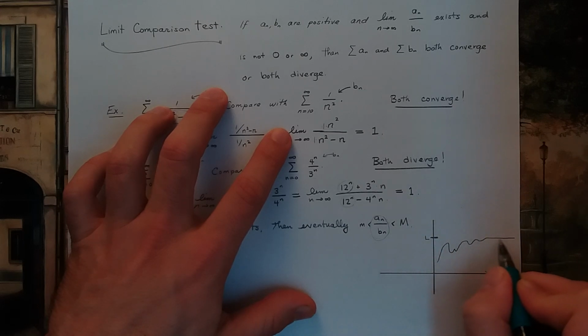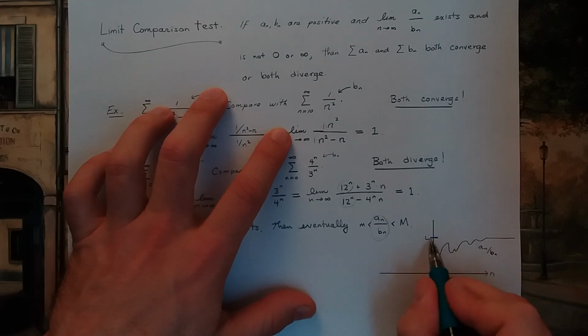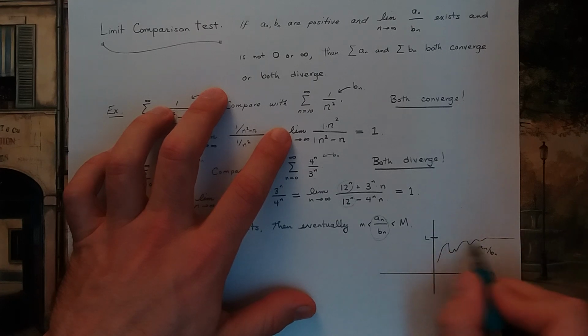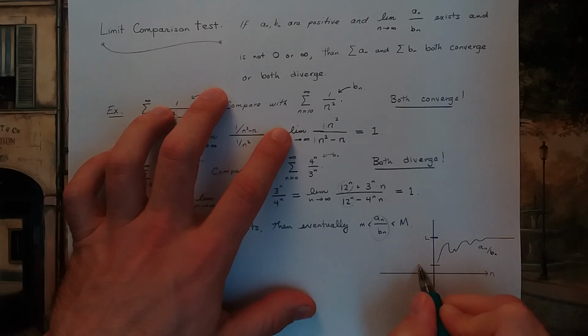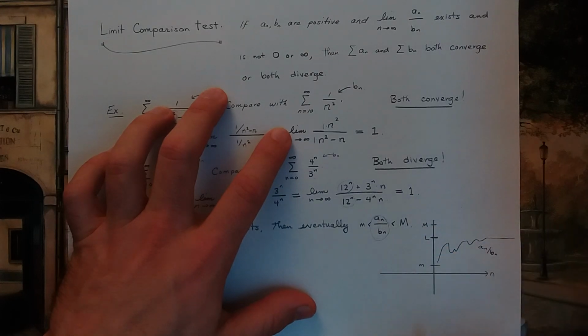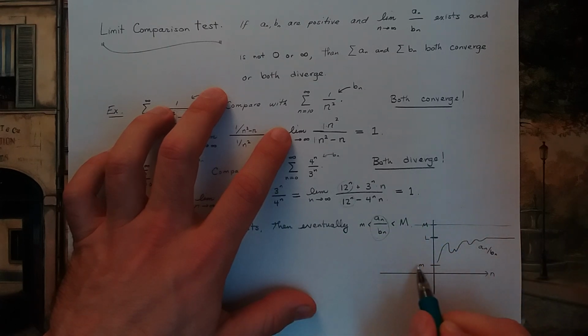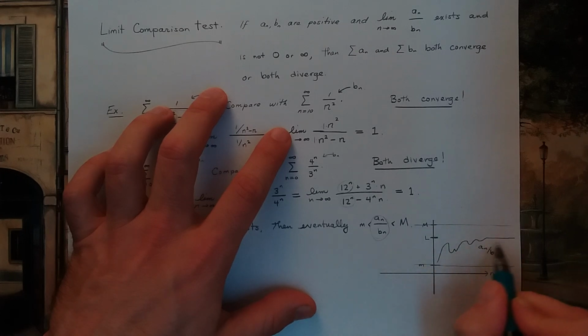The terms that I'm trying to depict are the terms in the sequence a_n over b_n. The limit exists, so eventually the terms in this sequence have to land in between little m and big M, both of these positive. So my whole sequence lands in here.